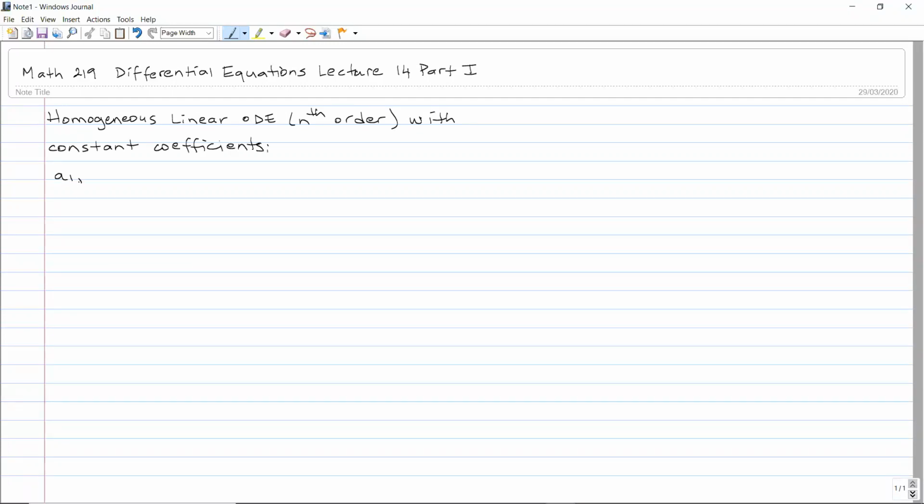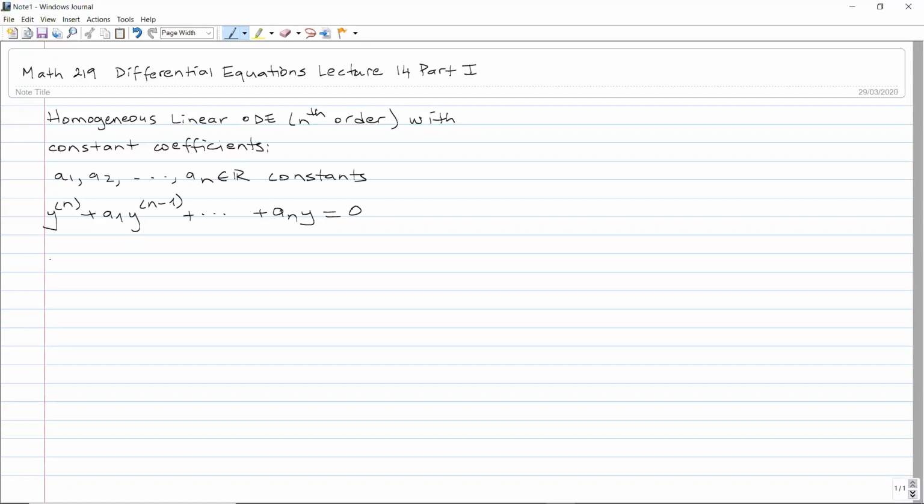So we have n real numbers, constants. And we consider the differential equation, the nth derivative of our function y plus a1 times the n minus first derivative of y plus, we keep going this way, an times the function y equal to 0, because at the moment we are only considering homogeneous equations.